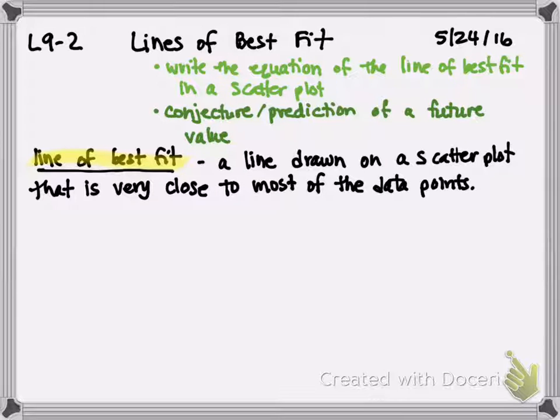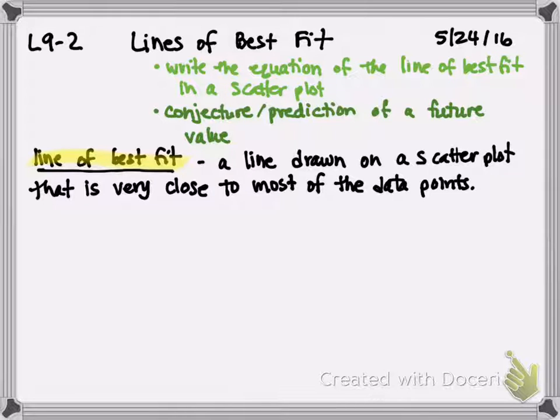So sometimes all you're going to be asked to do is to take information from a table, do a scatter plot, and then draw a line through it. And then that might be the extent of it. And then based on that line you draw, predict something that is not from your set of data.